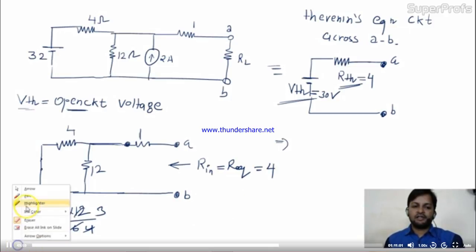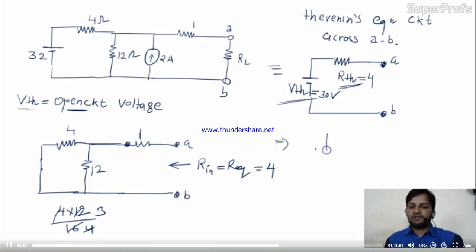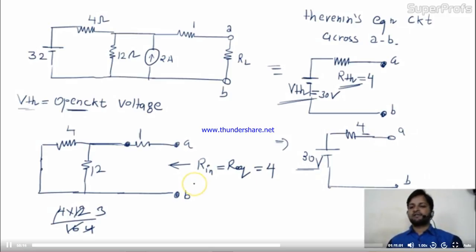Your resultant circuit is VTH, that is 30 volt, in series with 4. Now you replace the entire circuit across A and B by a single source and single resistance. The single voltage source is nothing but the VTH, that is 30 volt, and RTH is nothing but the R equivalent of the circuit.